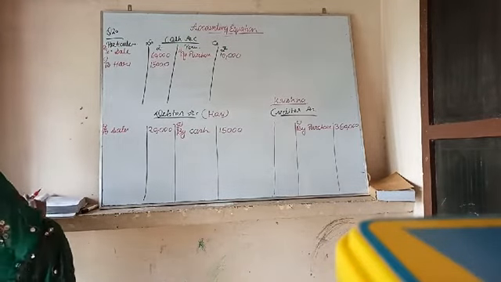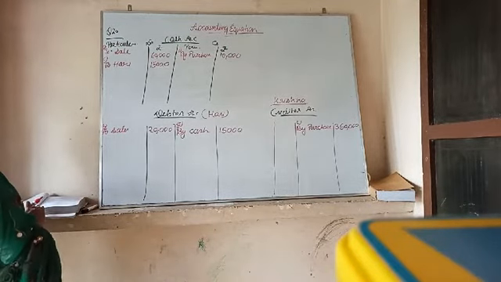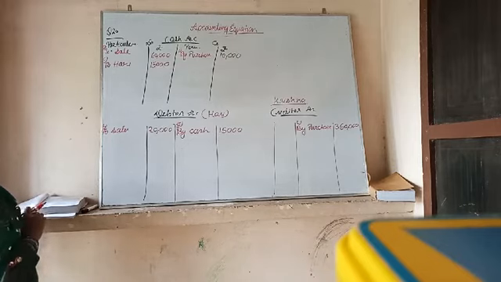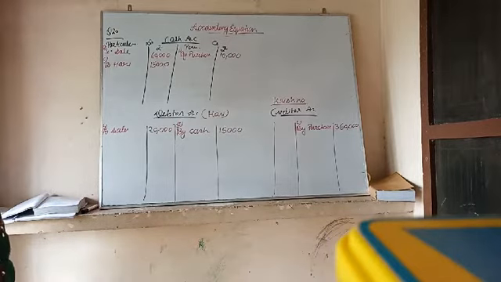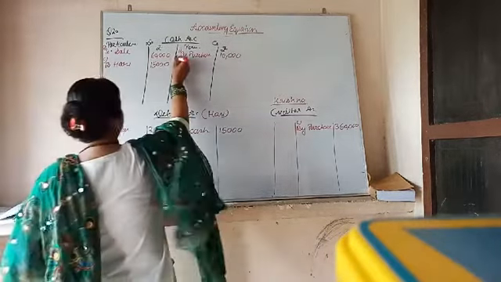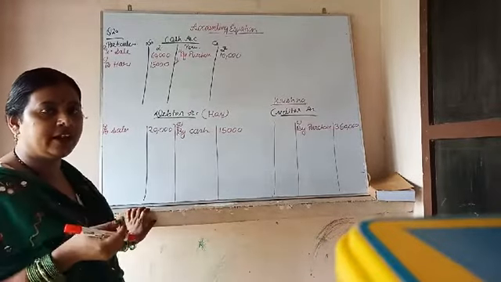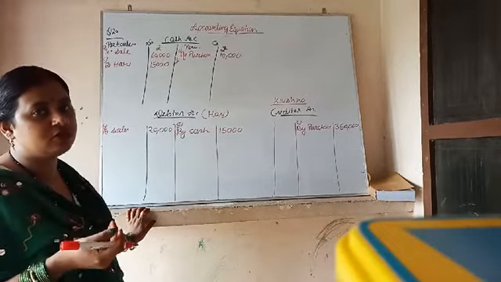The last transaction is given: cash paid to Krishna, 28,000. We have paid cash to Krishna, which means cash has gone out from us, so it will be on the credit side. Debit what comes in, credit what goes out.